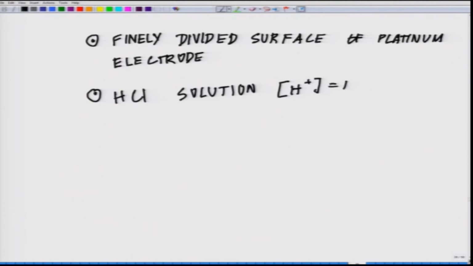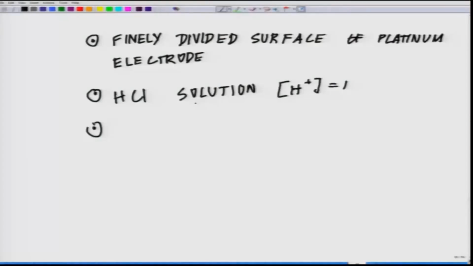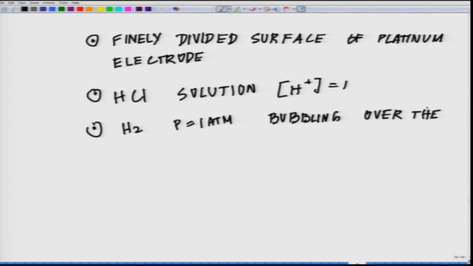That gives you a catch: in case the H plus activity of the HCl solution is not 1, then we will see a different kind of drift in this electrode. So, keep that in mind. These points I am mentioning are exceptionally important. The third point is that hydrogen at a pressure of 1 atmosphere is bubbling over the electrode.